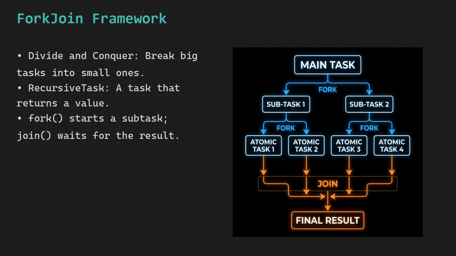As each friend receives their share of clothes, they check whether their portion is still too large to handle comfortably, and if it is, they further divide it and pass parts of it to others, continuing this process again and again, just like how the fork join framework keeps recursively splitting tasks until each subtask becomes small enough to be processed quickly and independently without further division.